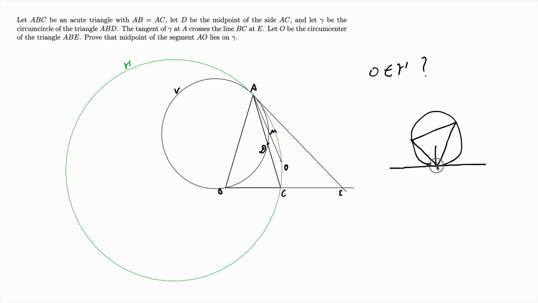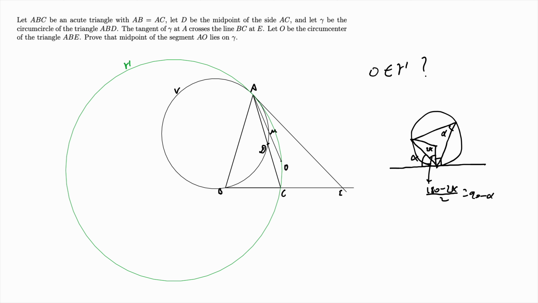So say this is alpha. This is 2 alpha. This is 90. This is 180 minus 2 alpha over 2, which is 90 minus alpha. Therefore, this angle right here is alpha. So these two are the same.